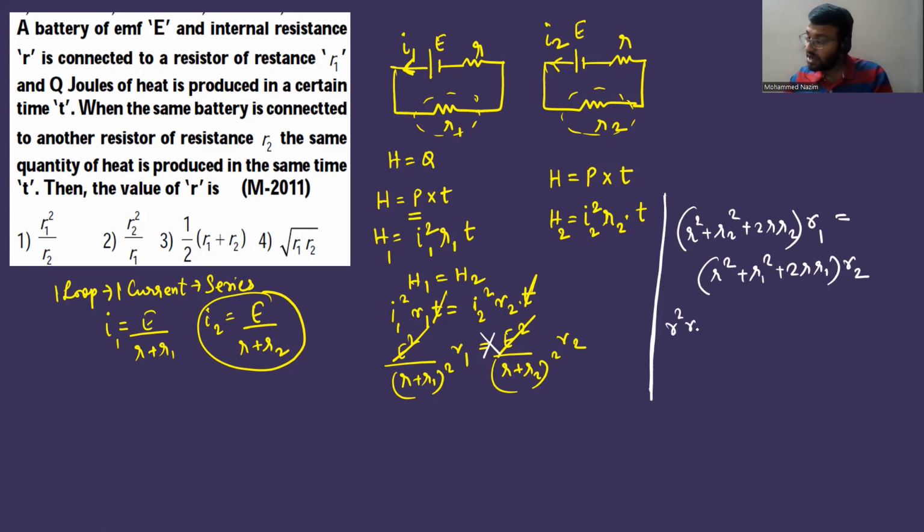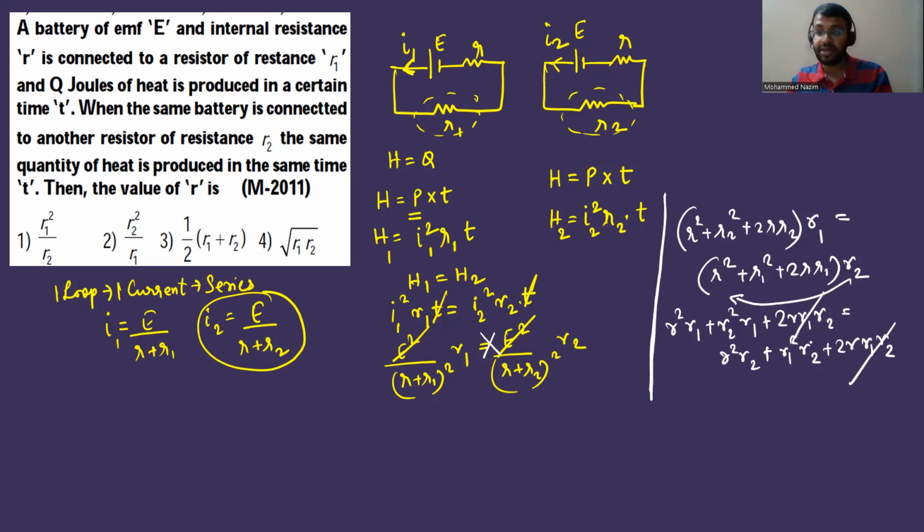So r square R1 plus R2 square R1 plus 2 r R1 R2 equals r square R2 plus R1 square R2 plus 2 r R1 R2. You can see that 2 r R1 R2 is the same on both sides, so it will cancel. Now group the like terms here, shifting this term to this side and this term to that side.